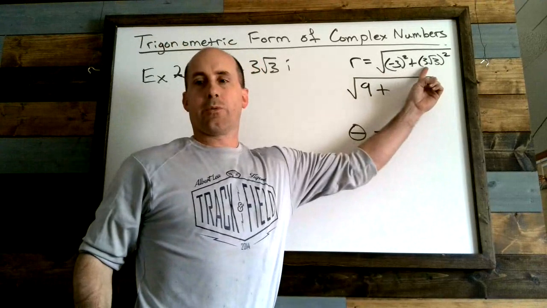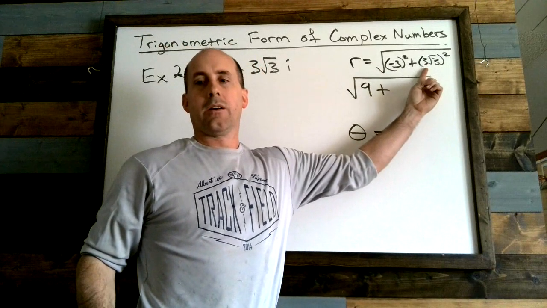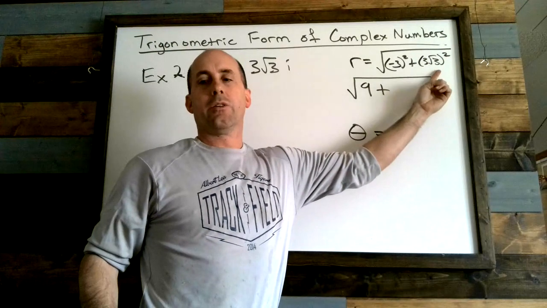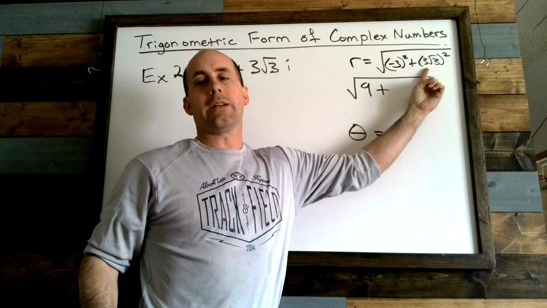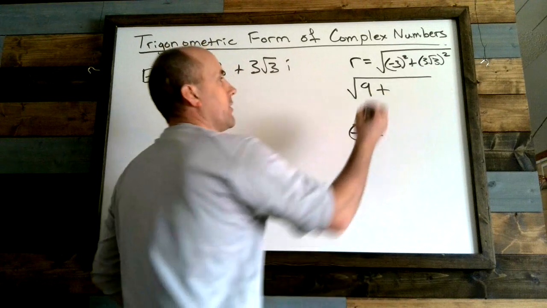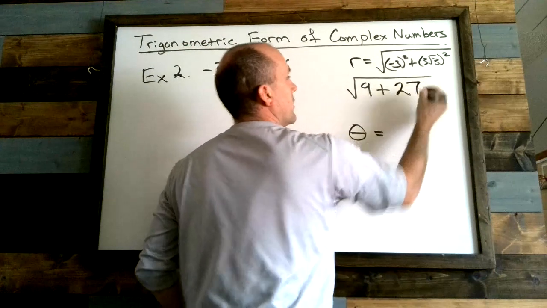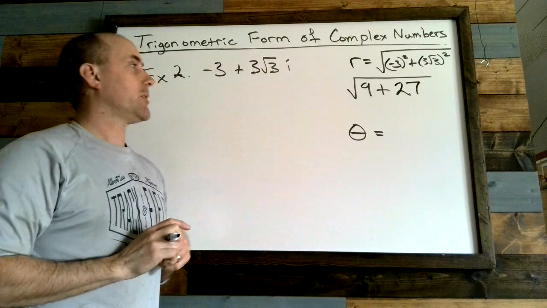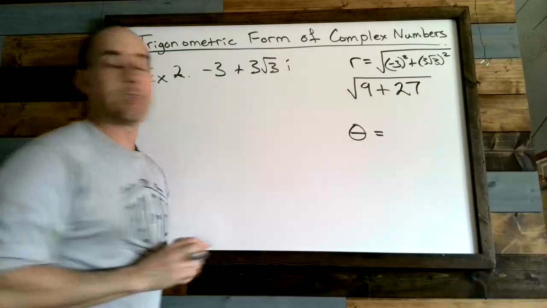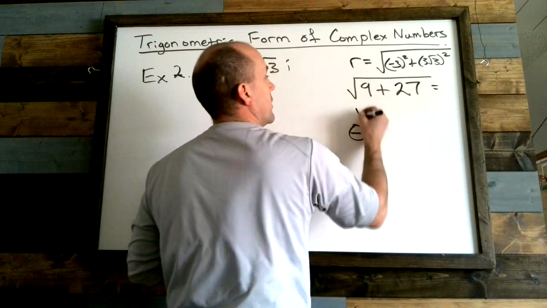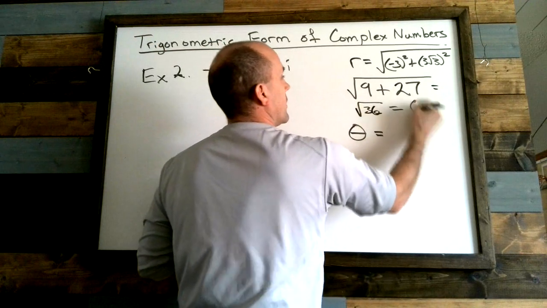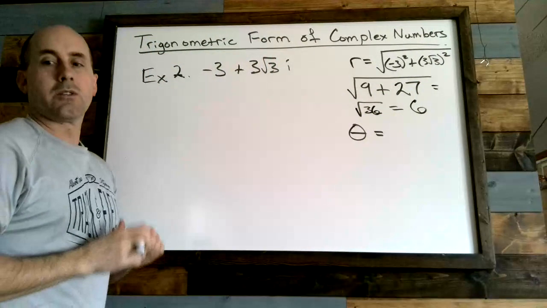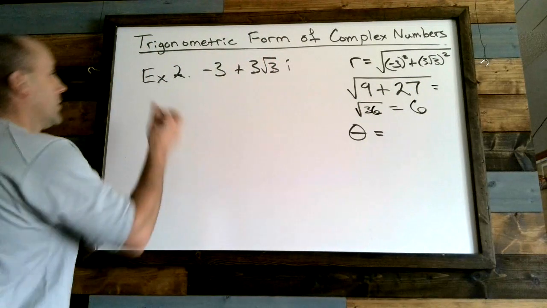And if I square 3 roots of 3, 3 squared is 9, the root of 3 squared is 3, and 9 times 3 is 27. So the square root of 9 plus 27, which is 36. So I get 6. So 6 is my r value.